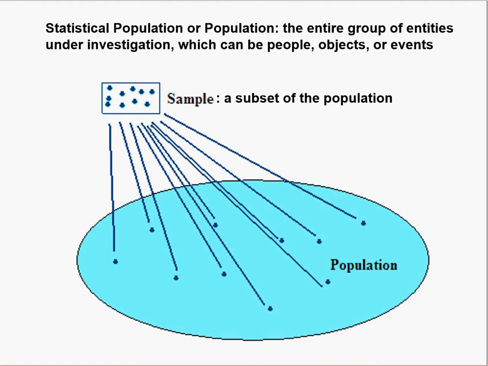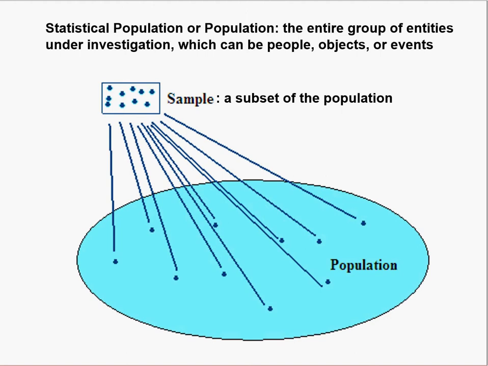If we want to study the housing value in a county, then all the houses as objects within the county will be the statistical population. If we want to study all the elections that occurred in a state in 2013, these events will become the statistical population.